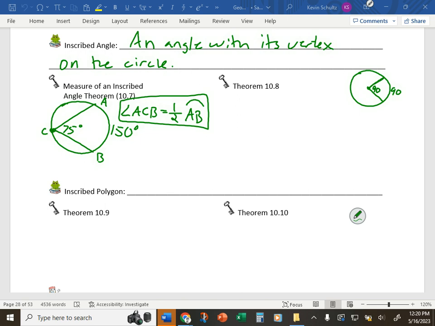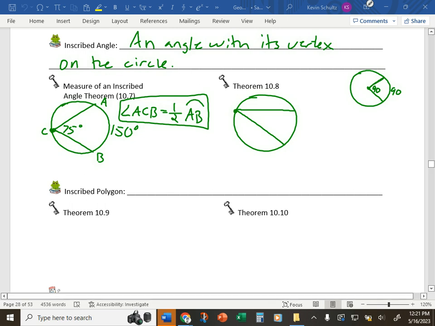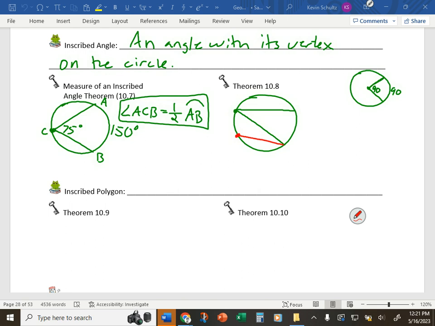Good so far? Okay. Theorem 10.8 has to do with if you have more than one inscribed angle in a circle. Let's say that we had something like this. Here's our circle. We have one inscribed angle that goes like this, and another inscribed angle, I'll do it in red, that goes like that.